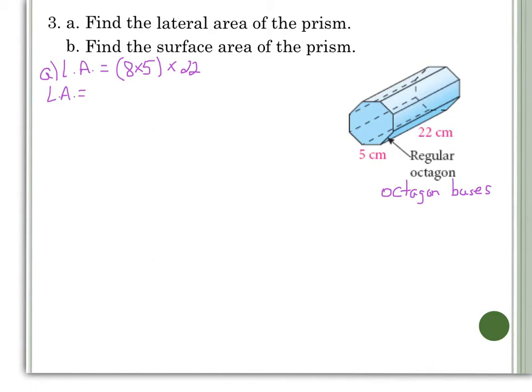So our lateral area, 40 times 22, or 880 centimeters squared. Forgot the 0.